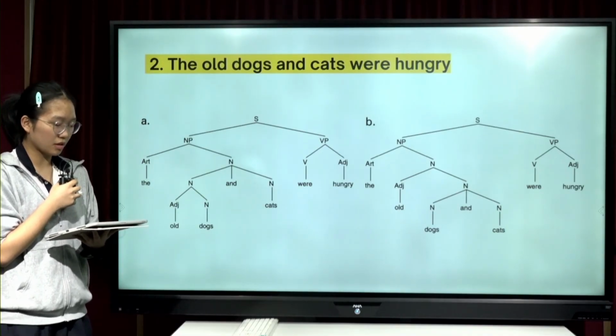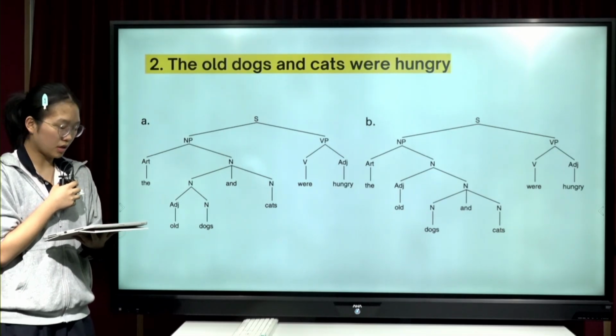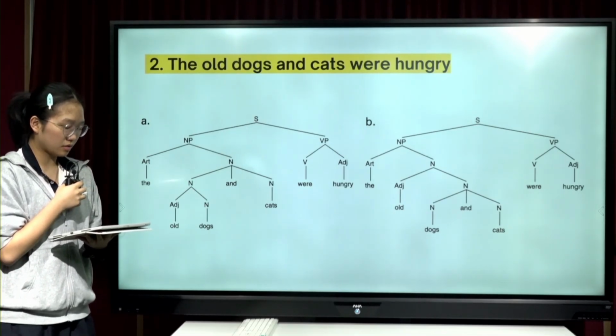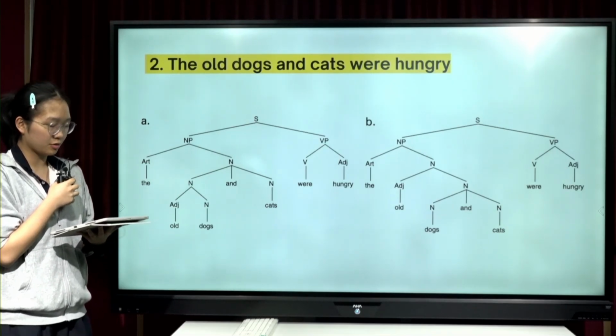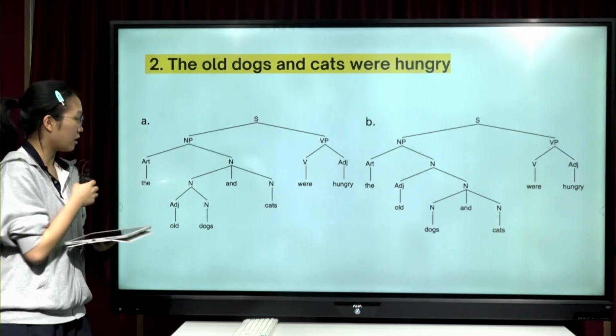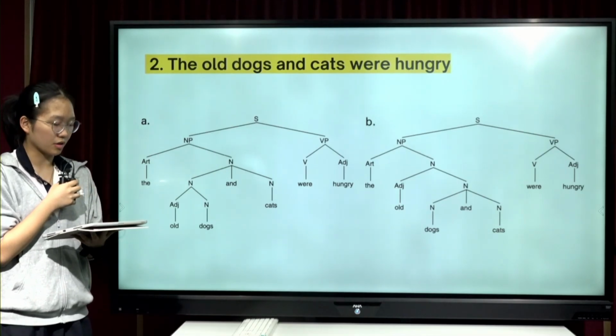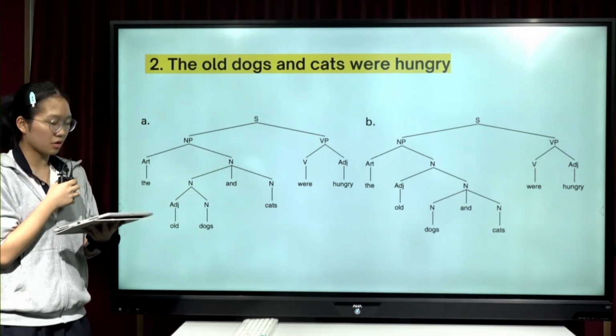The ambiguity of the sentence arises from how the elements are grouped. As the adjective old modifies different groups in each tree diagram, it can be interpreted as all dogs and all cats were hungry, or all dogs and cats are old and they are both hungry.